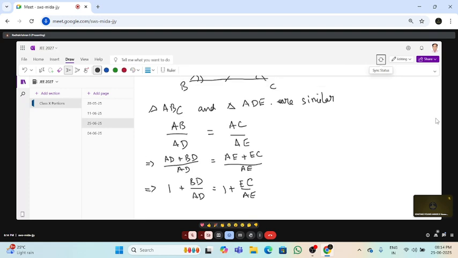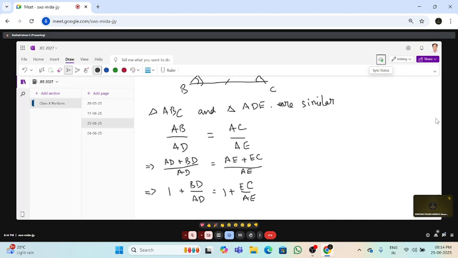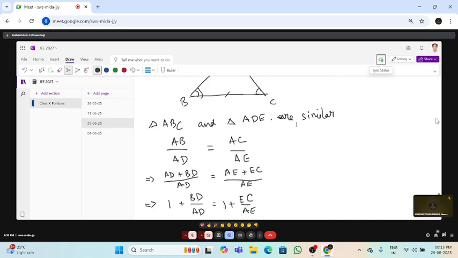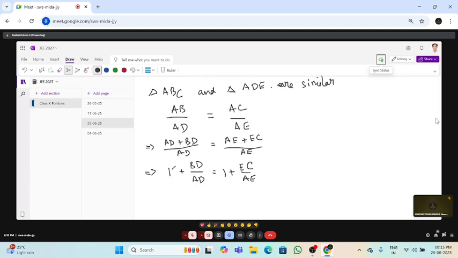What do you have to prove? AD by DB equal to AE by EC. We already got it, because the 1 will get cancelled out, and we get BD by AD equal to EC by AE. That's what you wanted to prove, right?